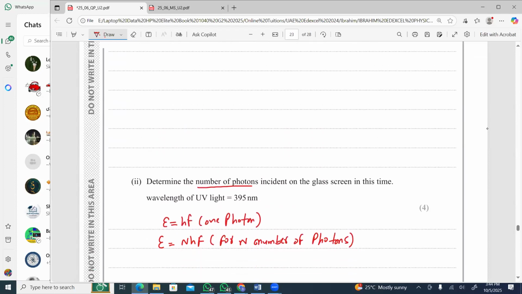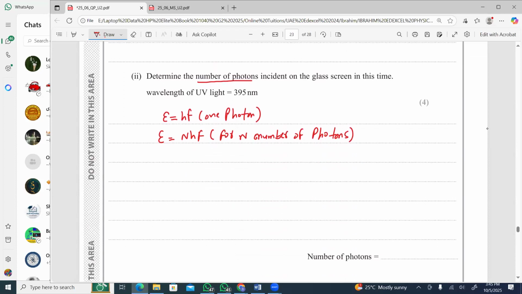The energy you already know, which is 131.2, equals n, which is what we need to find, times h, which is 6.63 times 10 to the power minus 34, and f is just c over lambda. c is 3 times 10 to the power 8, and lambda is 395 times 10 to the power minus 9.